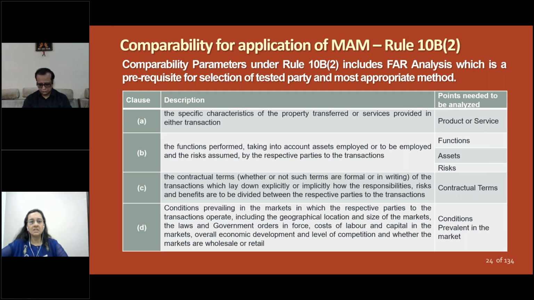There's a lot of case law now available on KPO versus BPO, and on low-end distributors versus high-end distributors, AMP services, where they say that distributors that take on advertisement and sales promotion are doing more functions as compared to distributors who are not. So you can't compare the trading PLIs of the two. There is a lot of jurisprudence now available on what is comparable.